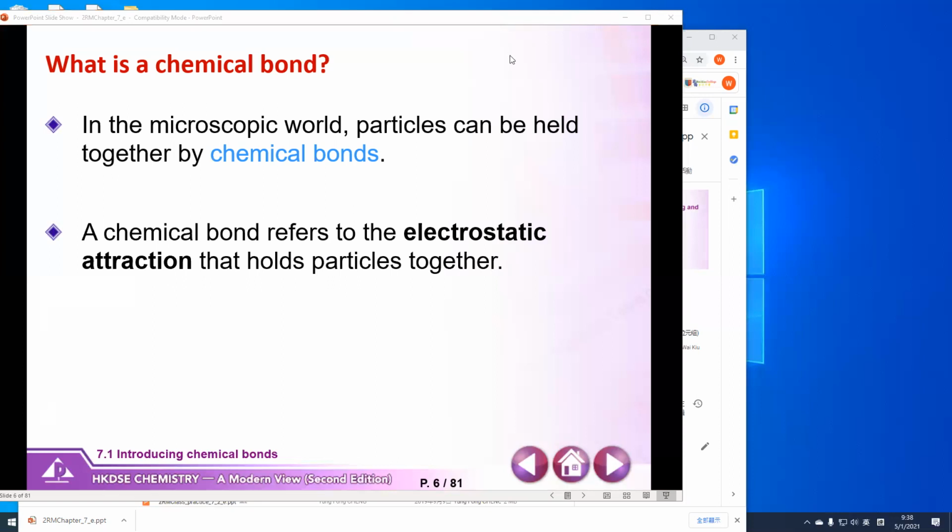How do they hold the particles together? For example, I have a nucleus. I have some electron shell. I have the electrons, right? I have electrons.